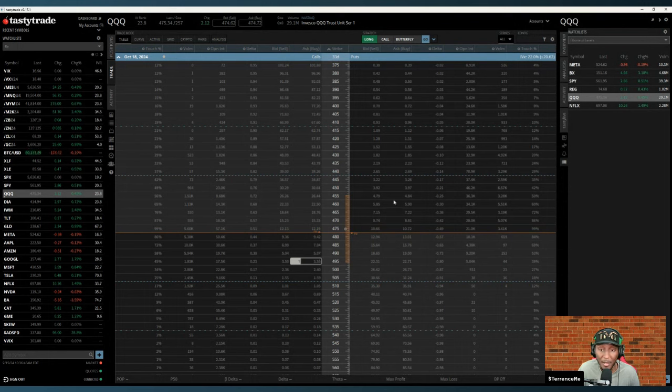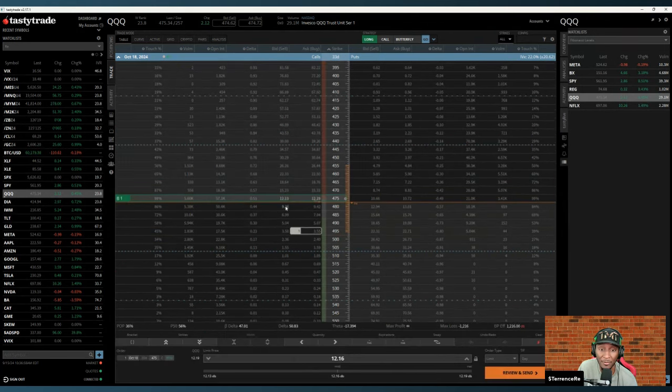So, like I said, a more economical, more efficient way to do it might be a call spread, maybe buy the 475, sell the 480, and place a bet that the market will go up. And at least that way, you won't lose money on theta decay, right?